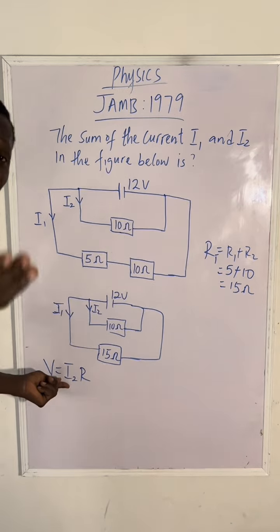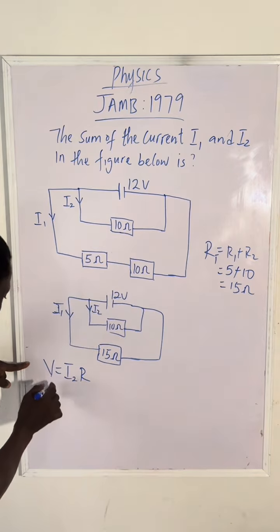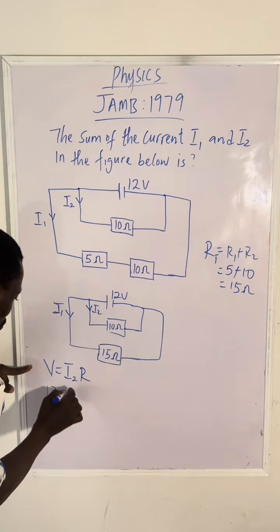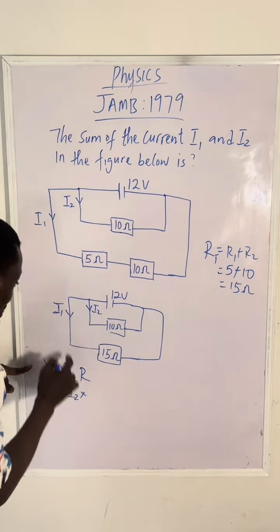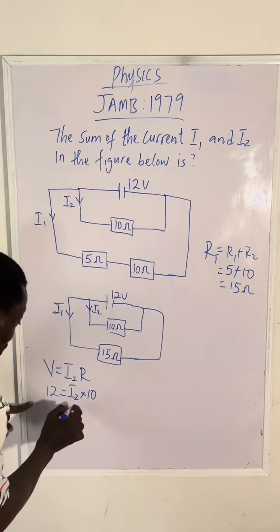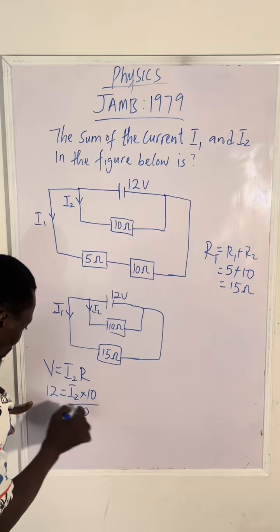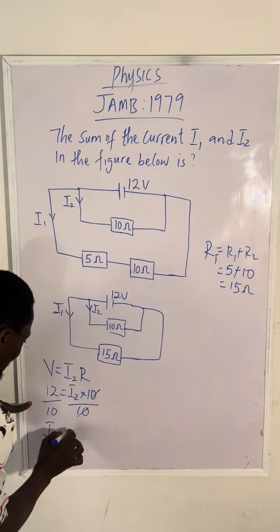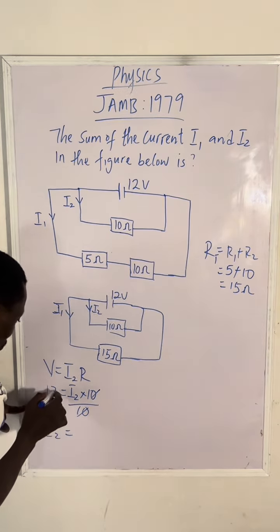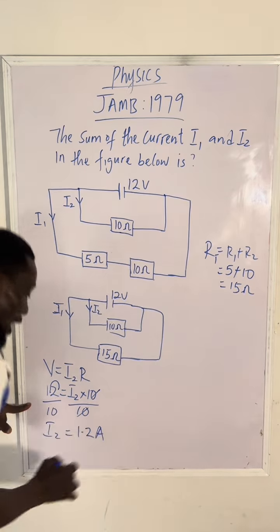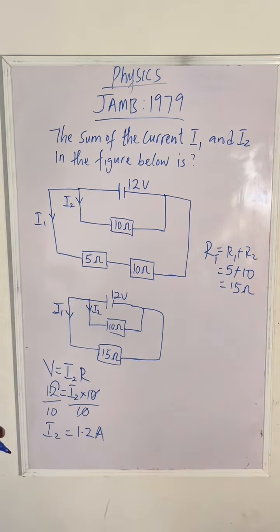Since the voltage is the same, I can say 12 equals I2 times 10. To get my I2, I just divide both sides by 10, and I2 is 1.2. 1.2 amperes. That is the current passing through this one.